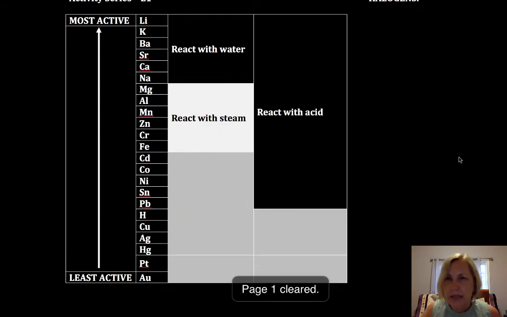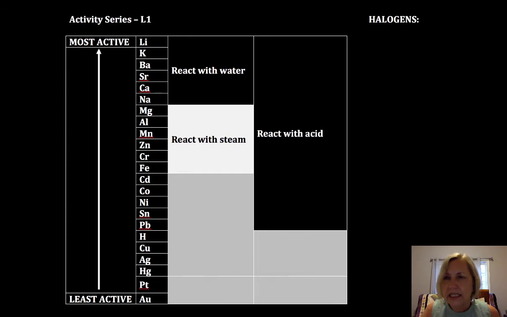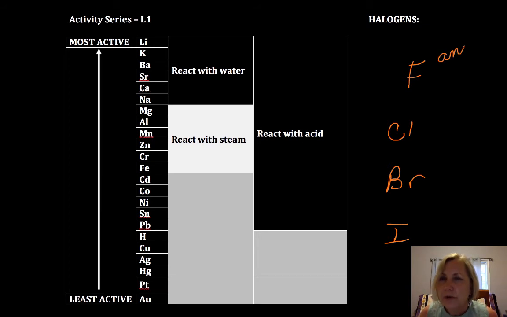Okay, for nonmetals, most at the beginning level, introductory levels of chemistry would only deal with the halogens, and what's lovely about the halogens is they follow the periodic table. So fluorine is more active than chlorine, is more active than bromine, is more active than iodine. And remember, with halogens, we are looking at the more active prefers to be the anion in a compound.